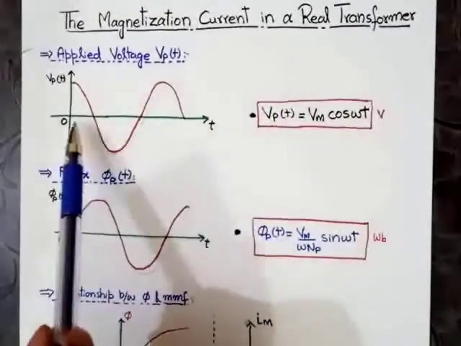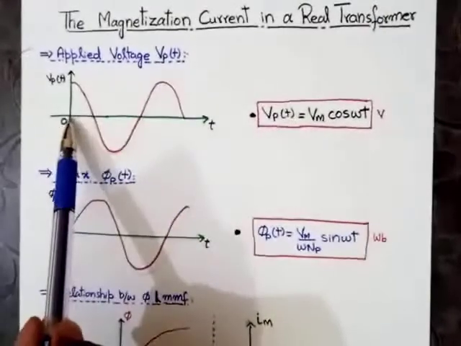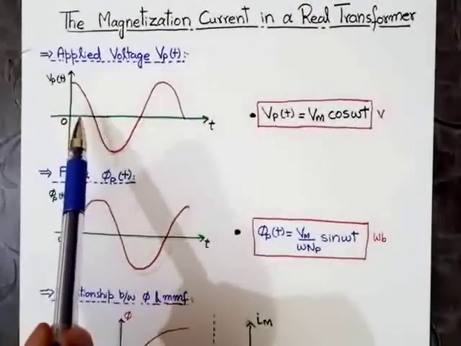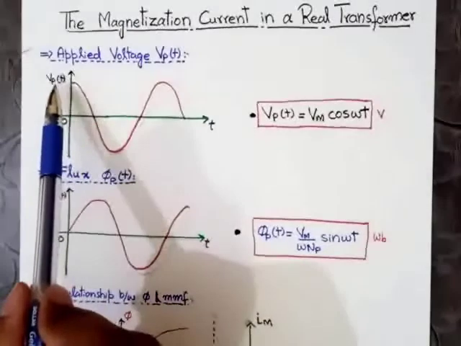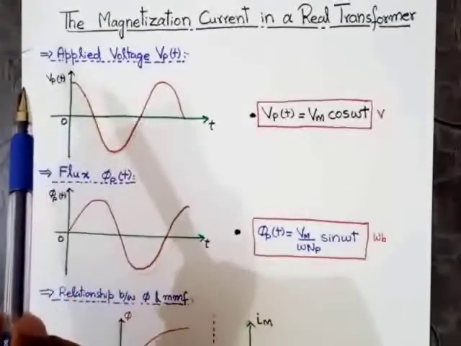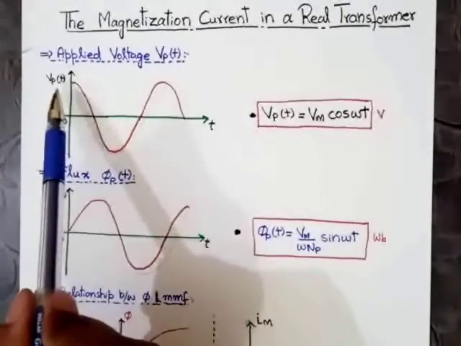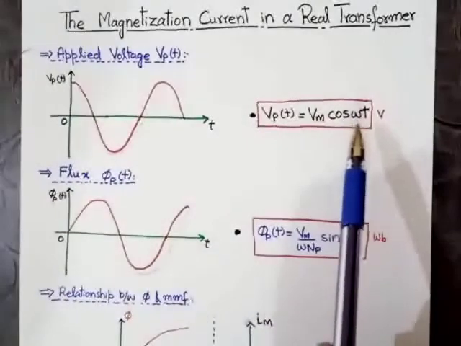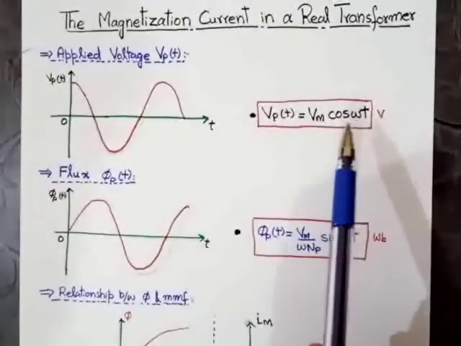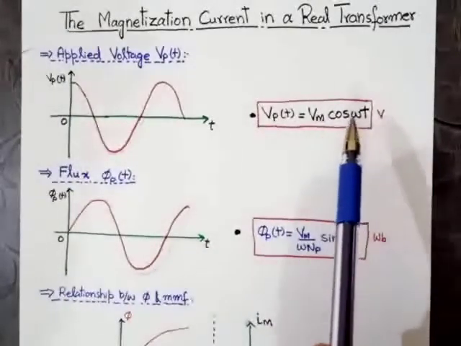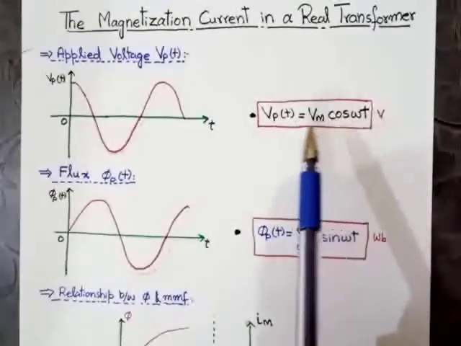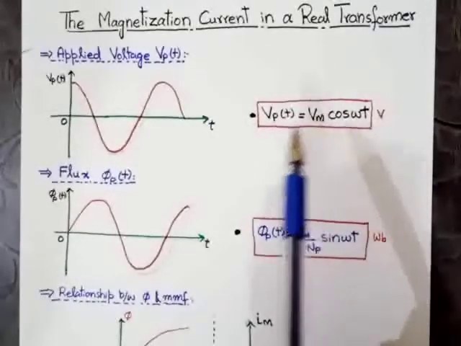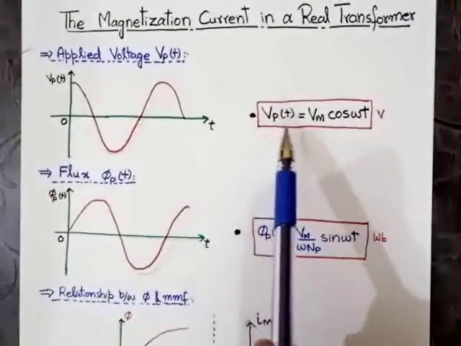When the time will be 0, then the value of the applied voltage Vpt will be maximum, because when we put the value of t equal to 0 in this equation, cos 0 will be 1. After multiplying with Vm, the maximum value will be Vpt.